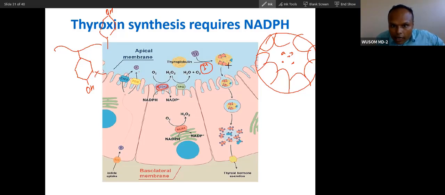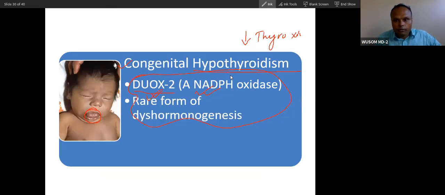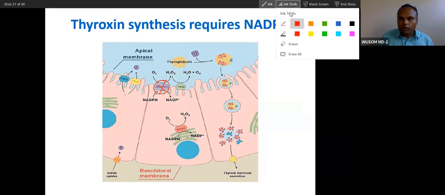This ring, inside the thyroglobulin, will attach, and then it will form thyroxine hormone. So this is the most important step in the synthesis of thyroxine hormone. If this enzyme is deficient, it will cause thyroid hormone deficiency, hypothyroidism, in the baby. So focus on this enzyme. This is a very important part of thyroid hormone synthesis.